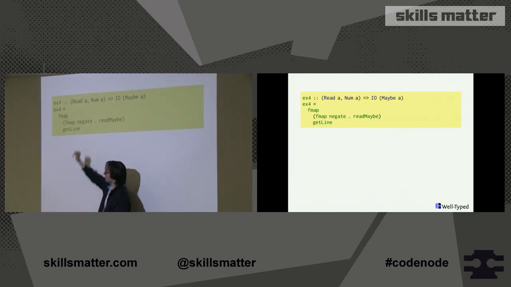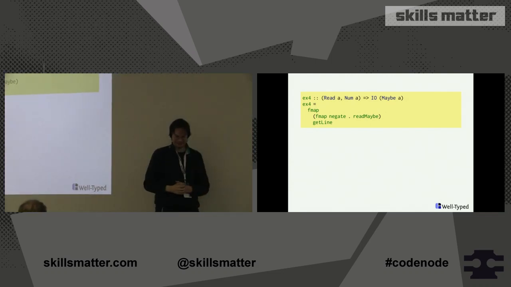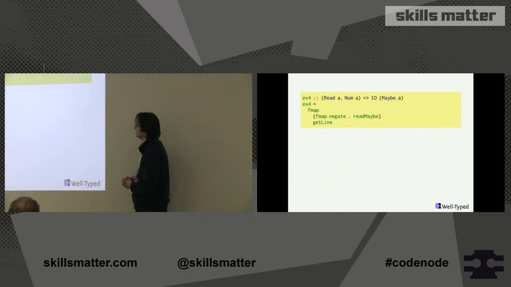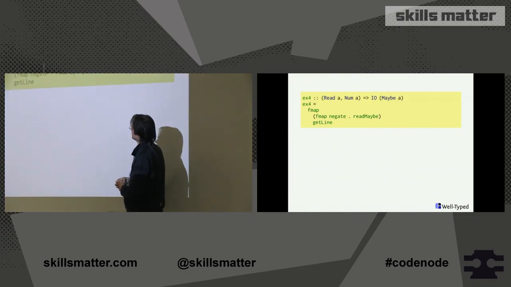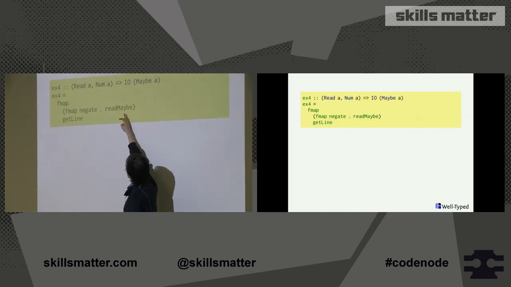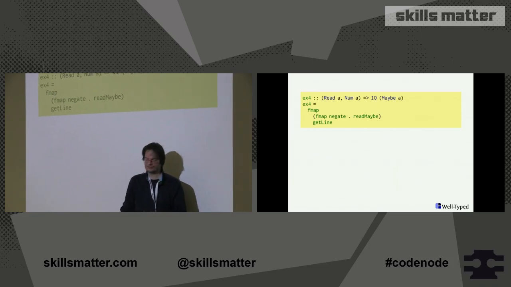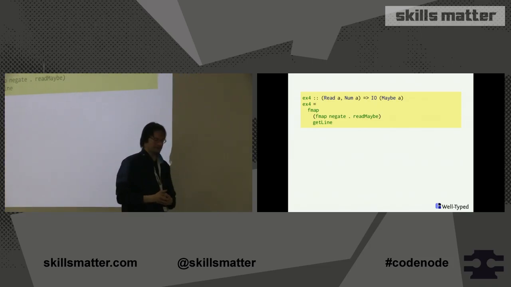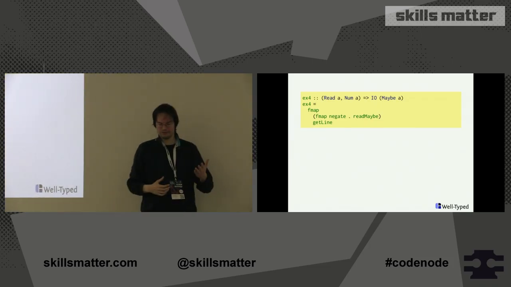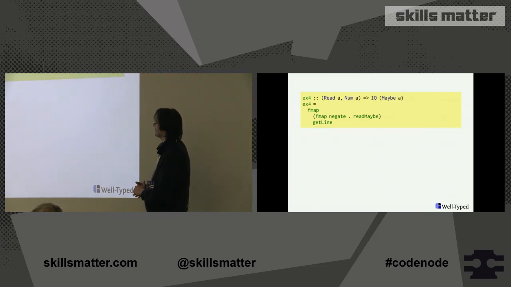You're reading a line from the screen, so that's an IO string action. And then we're going to read the string into a maybe. So the readMaybe function is defined in the Text.Read module and takes a string into a Maybe of A, as long as A is a member of the Read class.